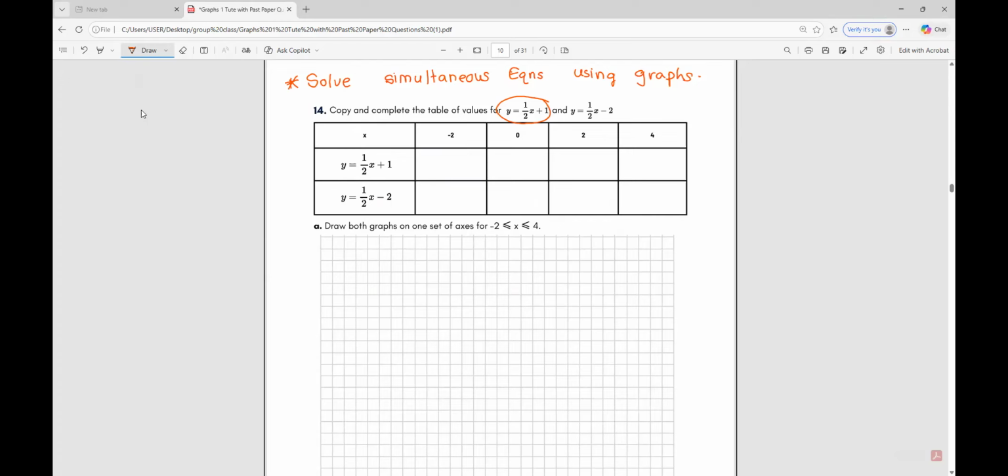Then we will get an intersection point. Then find the x coordinate and the y coordinate of that intersection point. They are the solutions for those simultaneous equations. First, make it y equals mx plus c form. Draw the two lines on the same graph paper. Next, take the x and y coordinates of the intersection point. That's the method. So first we'll quickly fill this table.